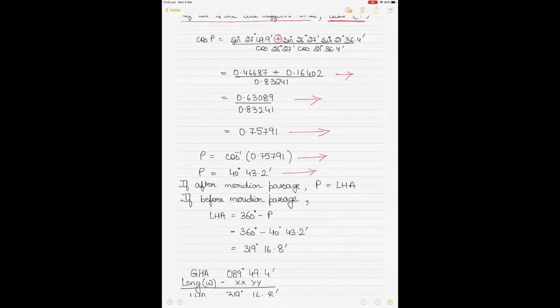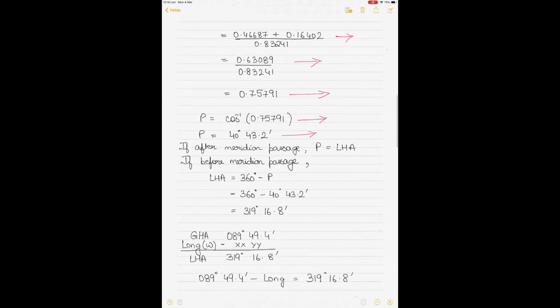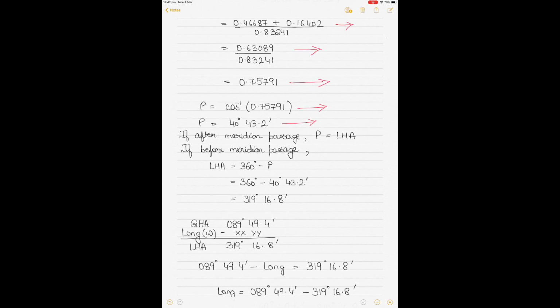Now this is where it gets a bit confusing for some of the students. They don't know what to do with this. There is a rule of thumb, and I'll also explain the conceptual method. The rule of thumb says that if the time of sight is after meridian passage, what you get as P will be equal to your LHA.